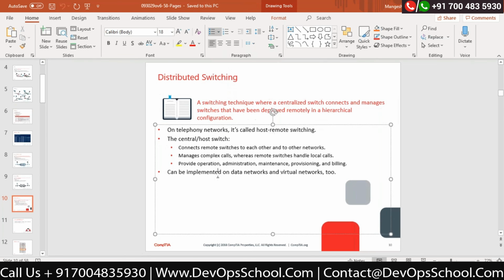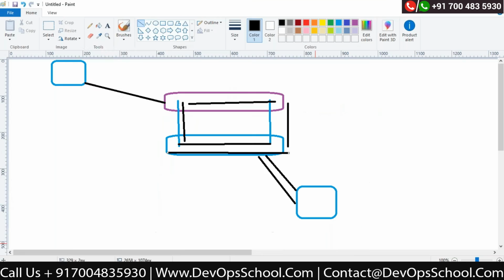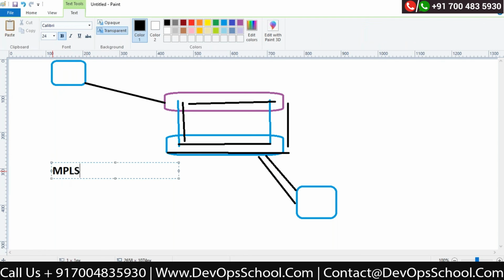You have to have a specific switch connected which can help you transfer the data through a centralized device, and it will help you manage that. Nowadays, a similar kind of technique is available. We can call it MPLS. Remember that this technique is very fast.